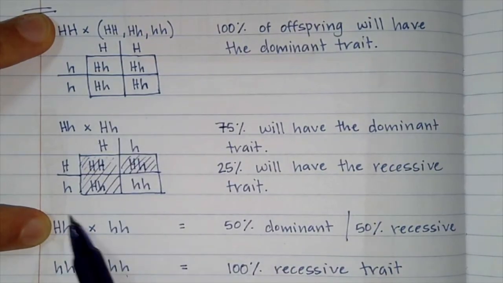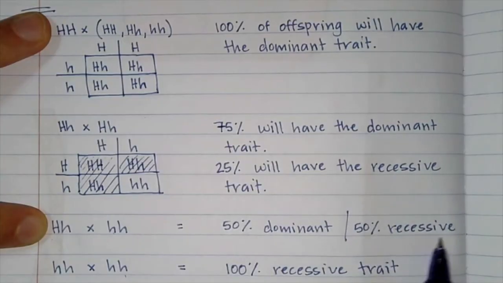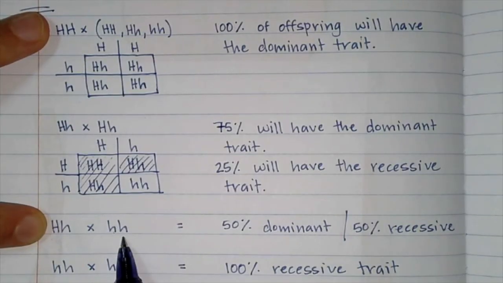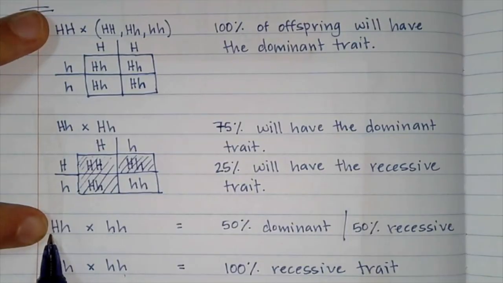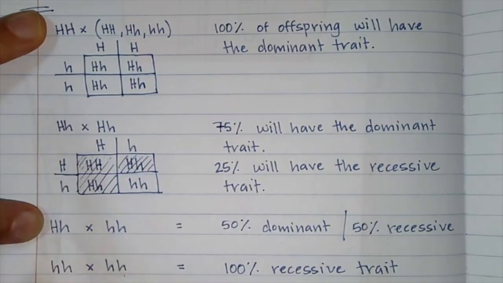But if they are a heterozygote and I see any of the babies have the recessive trait, then that's what I would know. So by crossing them with this parent, if I get any babies with that recessive trait, then they have to be a heterozygote. But if all of the babies have the dominant trait, then they're probably big H.